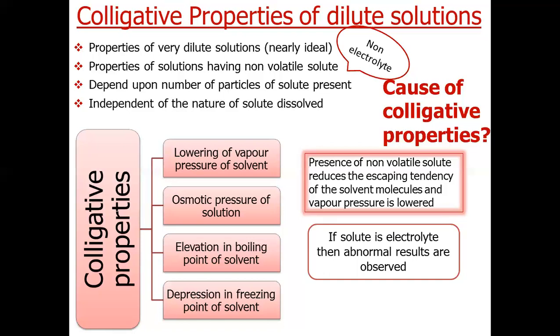Then this behavior causes abnormal results in the colligative properties. This is a different topic that we will discuss later. Today we will limit ourselves only to non-electrolyte and non-volatile solutes.